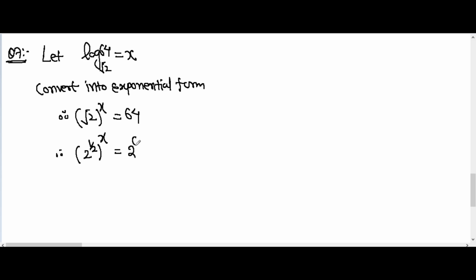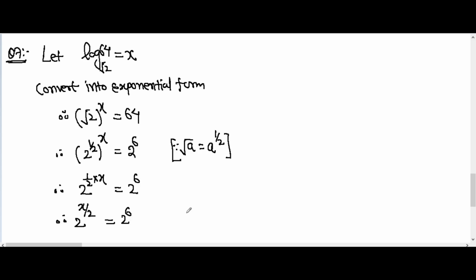Next power raised to power, so 2 raised to 1 by 2 into x. So indices law से if we have power raised to power then multiply the powers. So therefore 2 raised to x upon 2 is equal to 2 raised to 6, since 1 upon 2 into x is equal to x by 2.